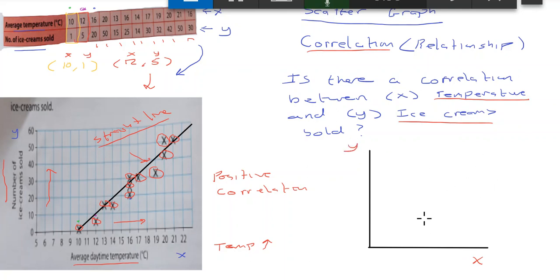If we have points that are falling like this, this kind of arrangement is what's known as a positive correlation.